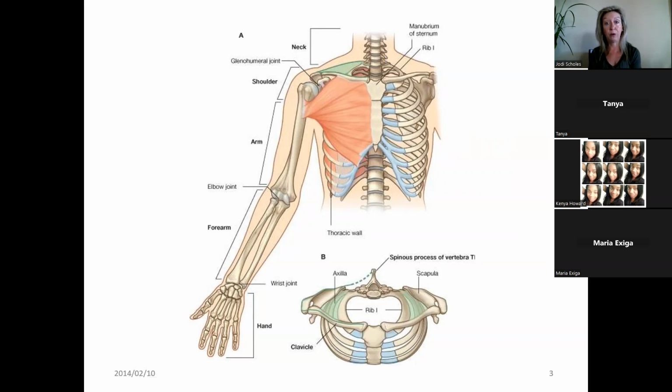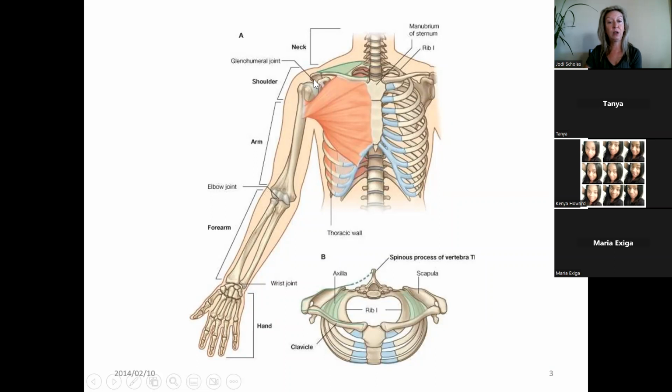We move out here to our clavicle and our sternum. So collarbone, clavicle, same name, same thing. And then the sternum. The sternum is in 3 parts. Here we see the manubrium identified.